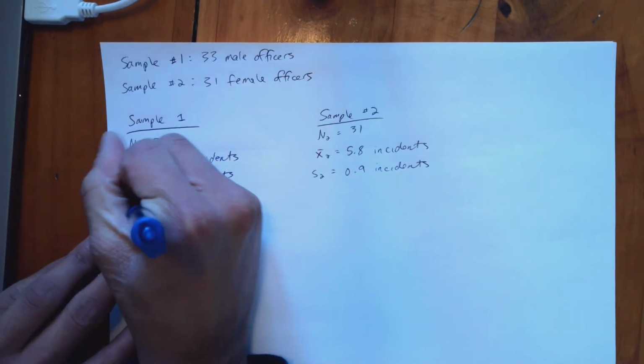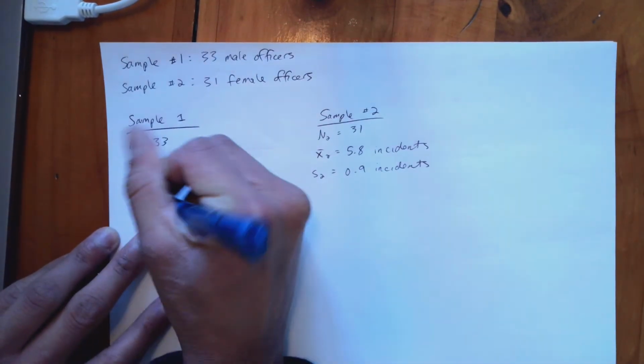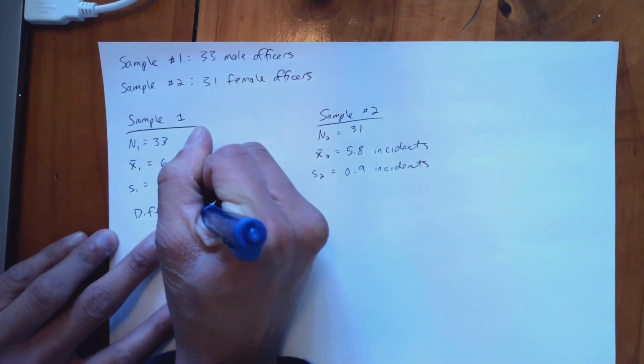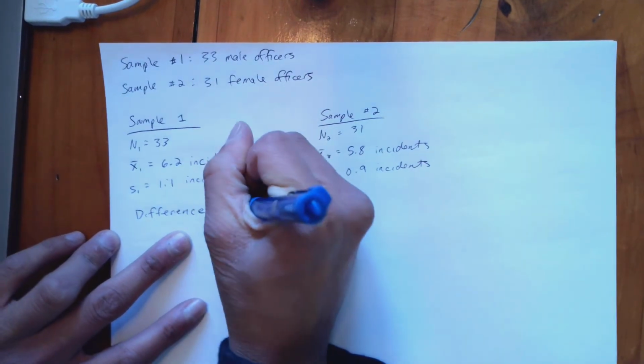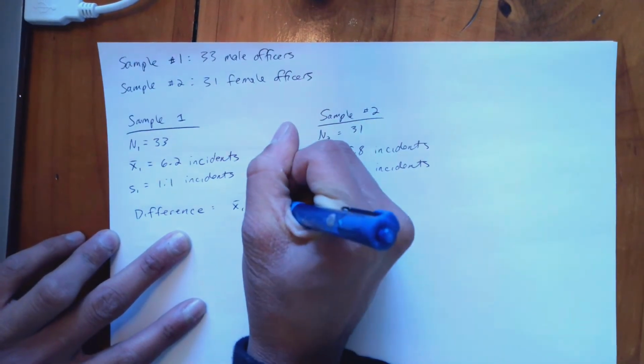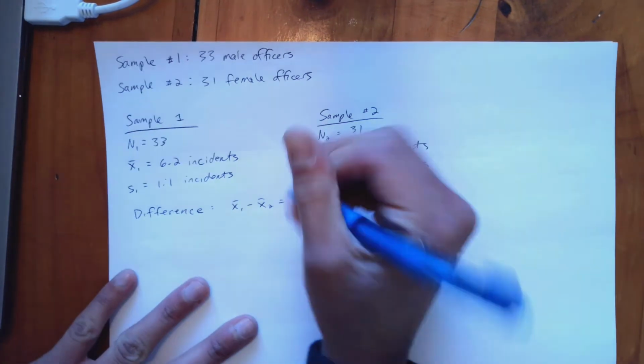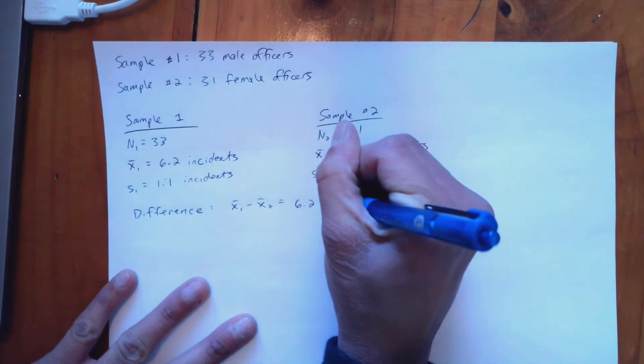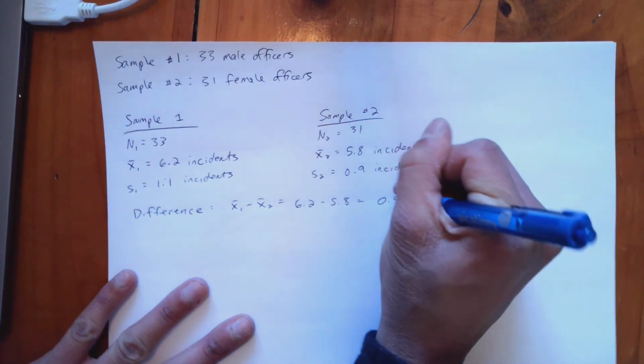The difference, which is going to be an important value for us, in other words, x bar 1 minus x bar 2, is equal to 6.2 minus 5.8, and that comes out to 0.4.